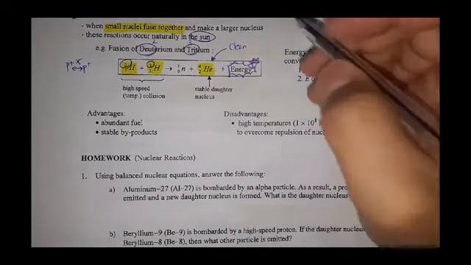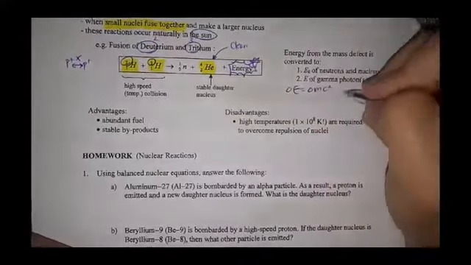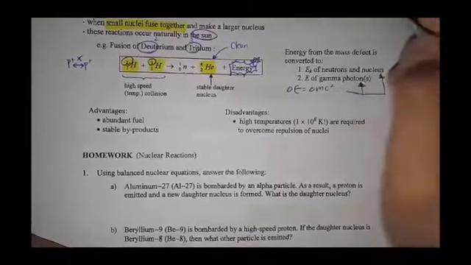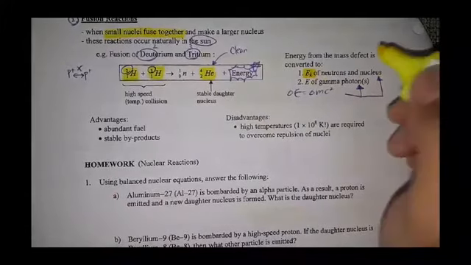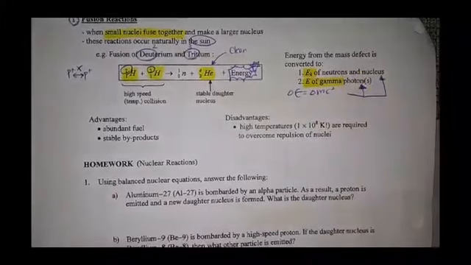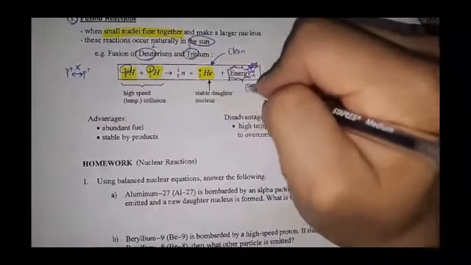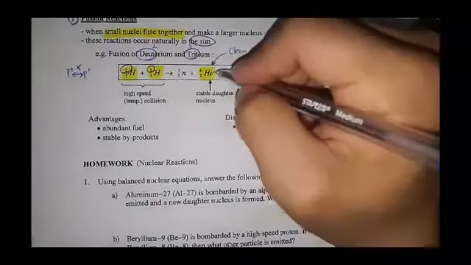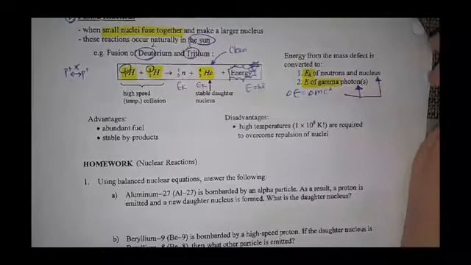So delta E from delta m c squared turning into two different forms. One of the forms is kinetic energy for the neutron and nucleus. Another one is gamma photon. So basically this energy also has heat energy, but let's just put that E is equal to hf. And when it comes to this EK, which is 1 over 2 mv squared.